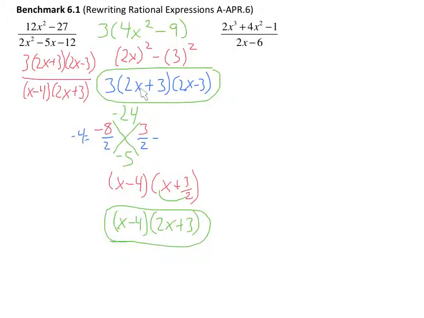So we just wrote this on top and this on bottom, and then we look, can anything cancel? Meaning, is there anything exactly the same top and bottom that we can cross out because it equals 1? And what you should notice is this and this are exactly the same.